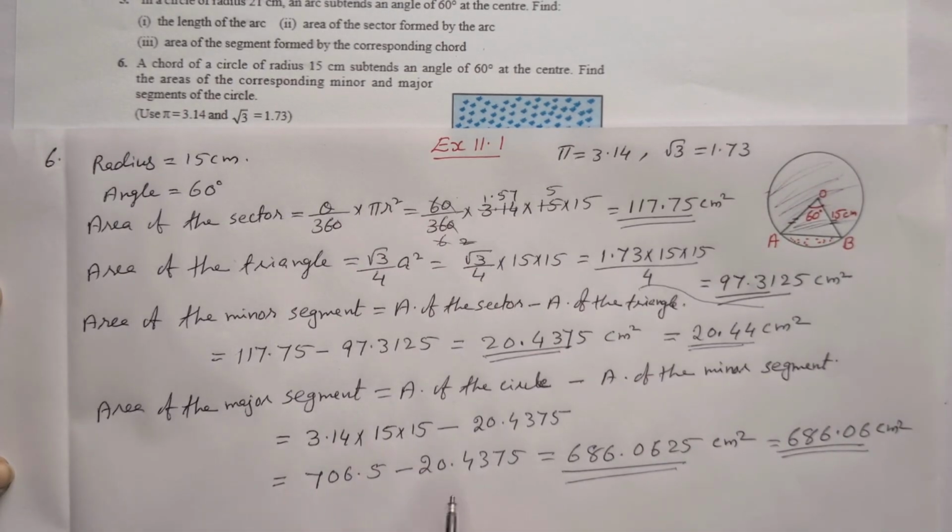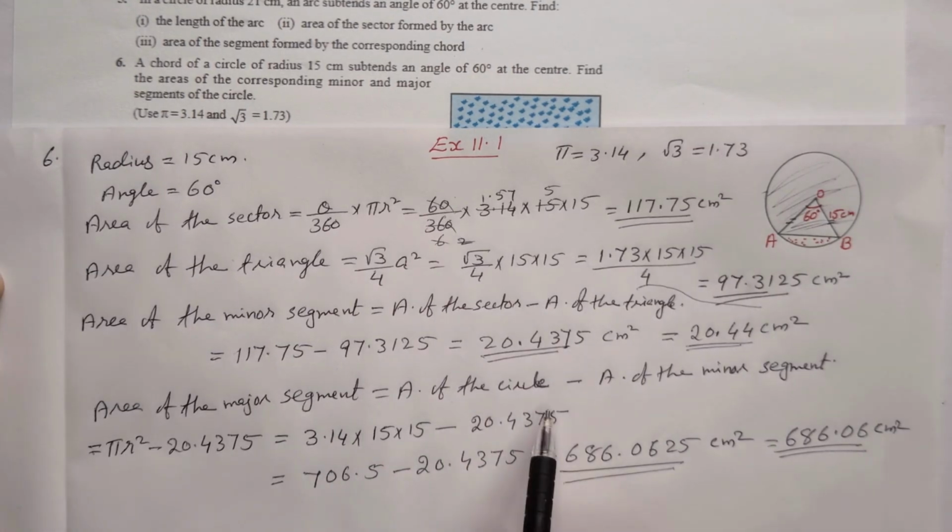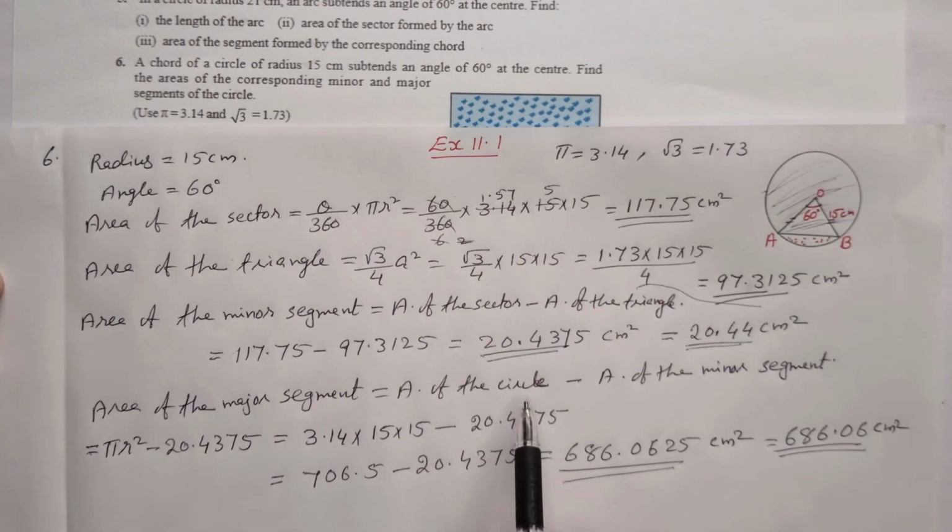So this is the area of the major segment. Area of the circle, we write the formula also, pi r square minus area of the minor segment. When we are subtracting that, getting the answer, that's the answer.